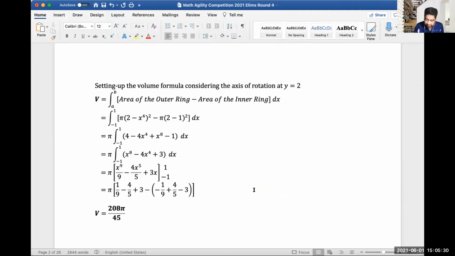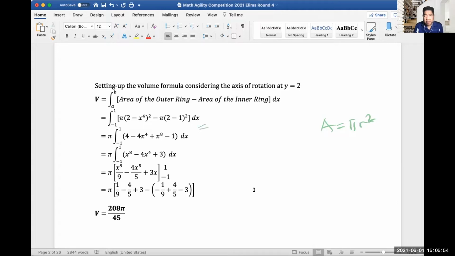We know that the area of a circle is pi r squared, right? So for the outer ring, it's 2 minus x to the fourth. We need to square that, and then, of course, the pi, and then minus the area of the inner ring. So it's 2 minus 1, again squared and times pi, and then our strip dx here.